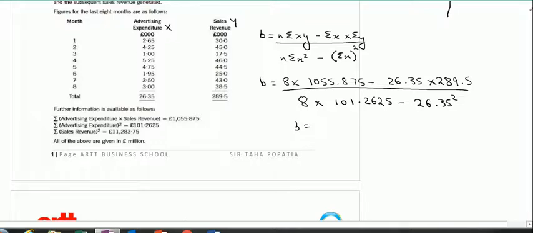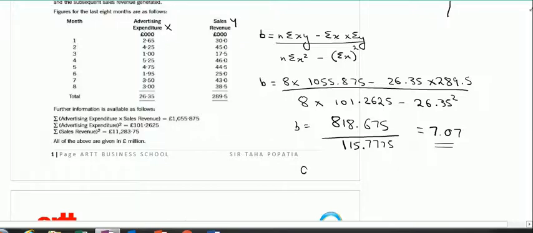The numerator will become 818.675, divided by the denominator, which will be 8 into 101.2625 minus 26.35 whole square, which is 115.7775. Therefore this will become 818.675 divided by the answer, which is 7.07.